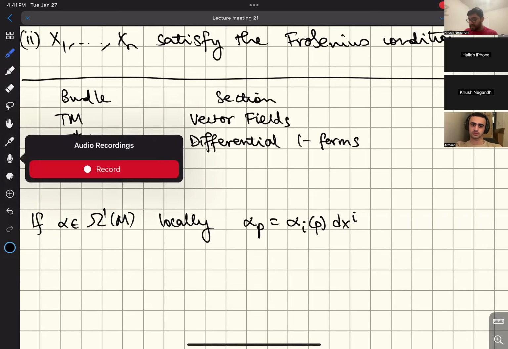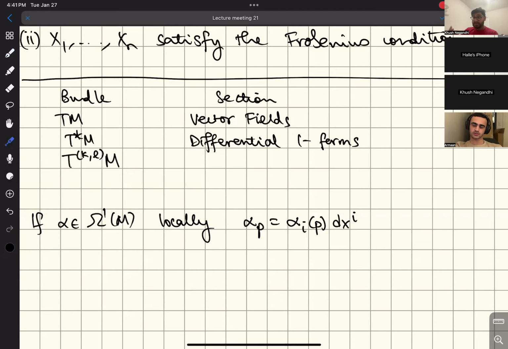The one form itself is not the functional on the tangent space. It is a function that gives you the functional. So I have to give you a point on the manifold, and then alpha_p is now a function on the tangent space.